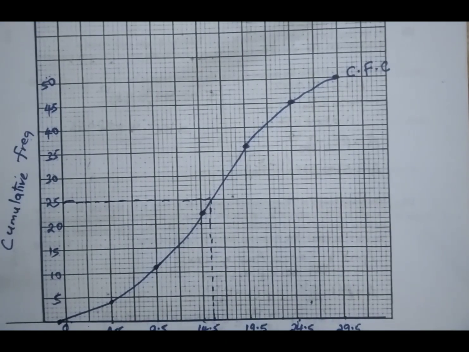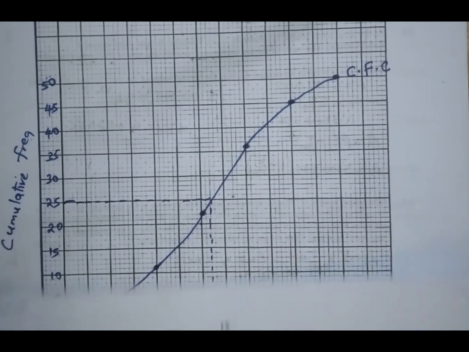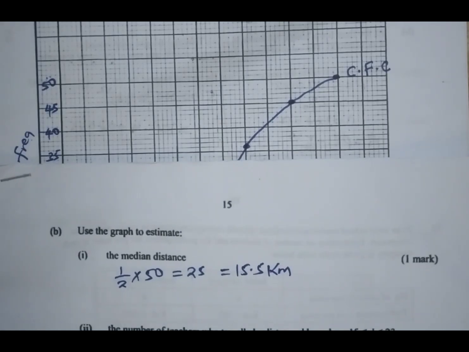And clearly, this is 14.5, this is 15.5. That is our median distance, which can be written as 15.5 kilometers.